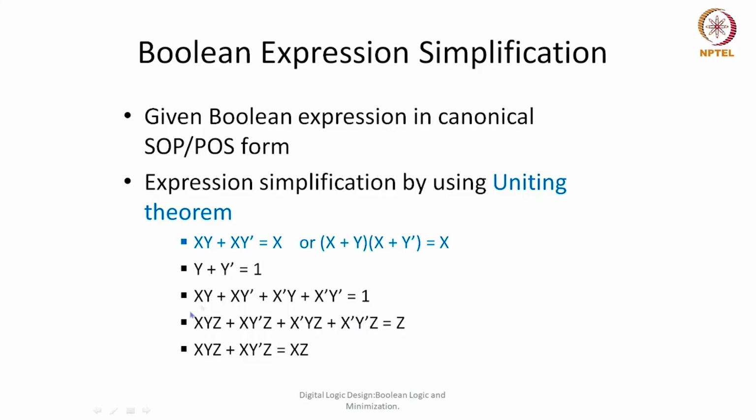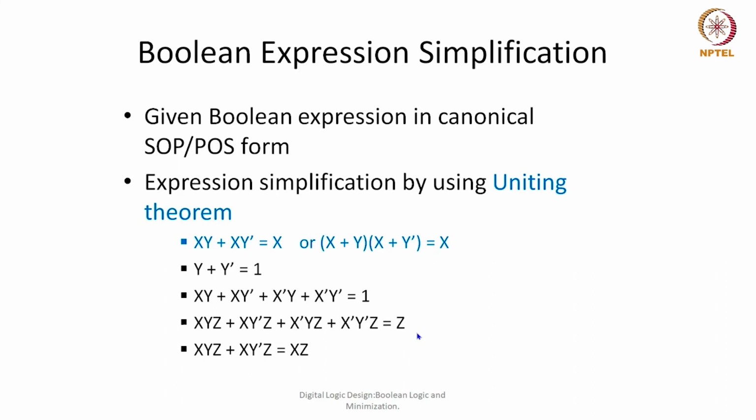I can take z common, and using the above expression I can remove all the xy terms, and the final output would be z. This way only the uniting theorem is sufficient. It could be applied in different scenarios and different combinations that could help us get the minimum expression for that particular combination.